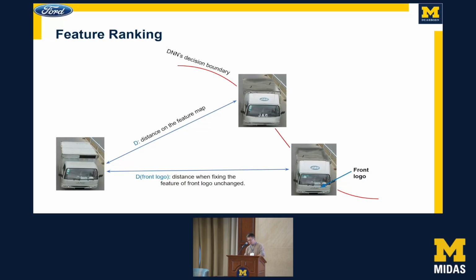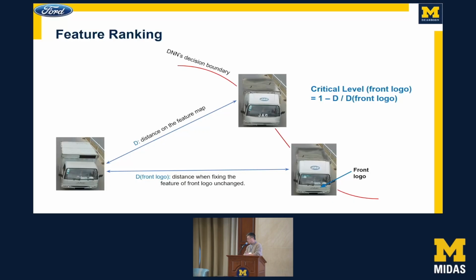I can have a second line, right? So for this, I can get another distance when fixing the front logo. I use this ratio to decide the critical level of the front logo. For example, if this feature is not important, if I don't consider this feature, I don't change a lot.